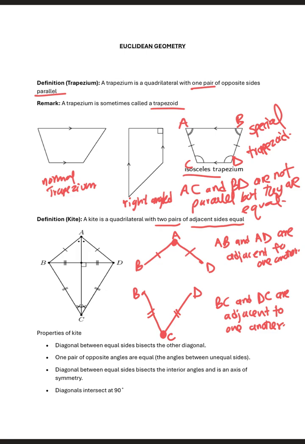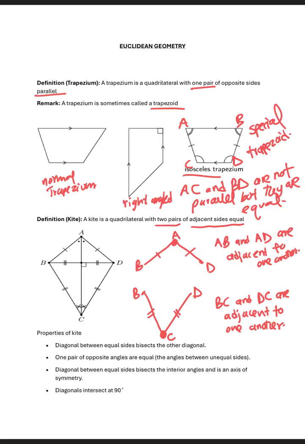The properties of a kite are that the diagonal between equal sides bisects the other diagonal, meaning it divides the other diagonal into what? Into two equal parts. So the diagonal between equal sides bisects the other diagonal.